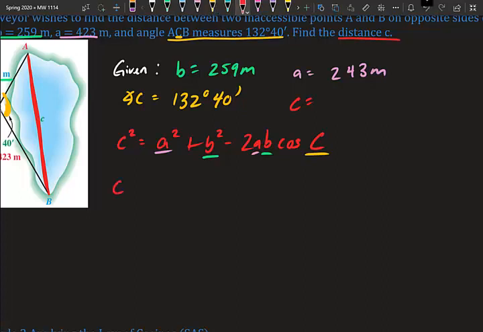So let's find C. We have C squared equals A squared, so 423 squared plus B squared, which is 259.